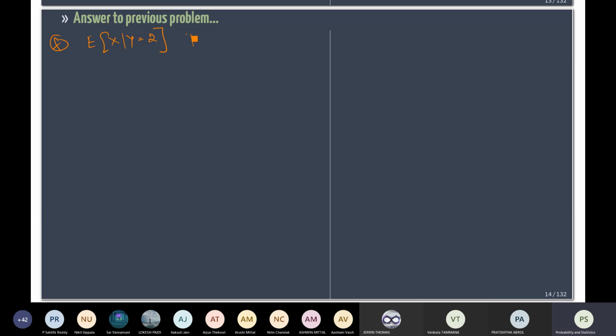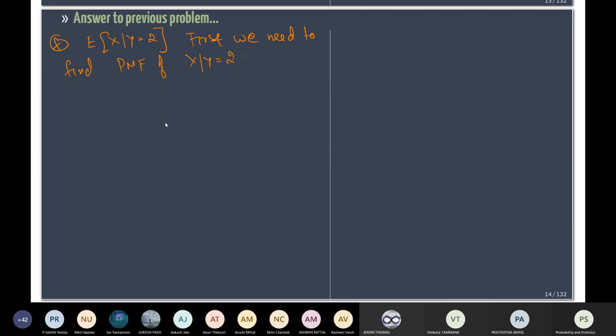To find an expectation, you first need to find the PMF of the argument of the expectation. We need to find the PMF of x given y is equal to 2.